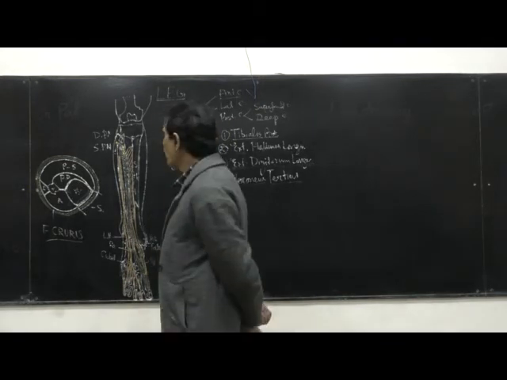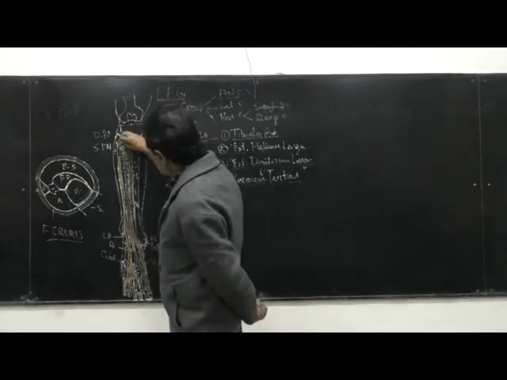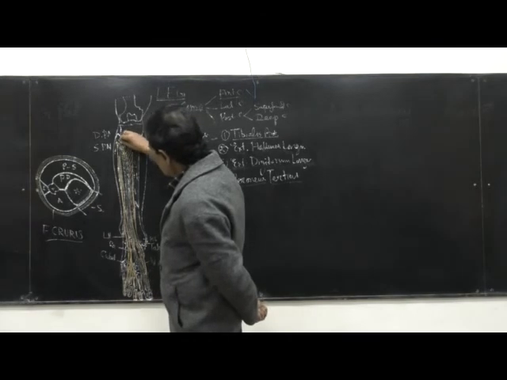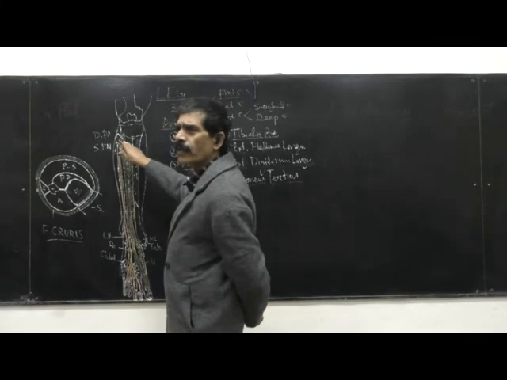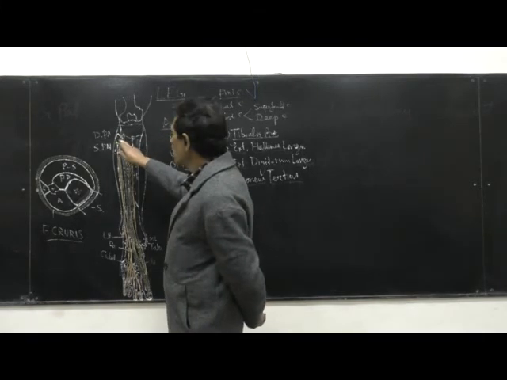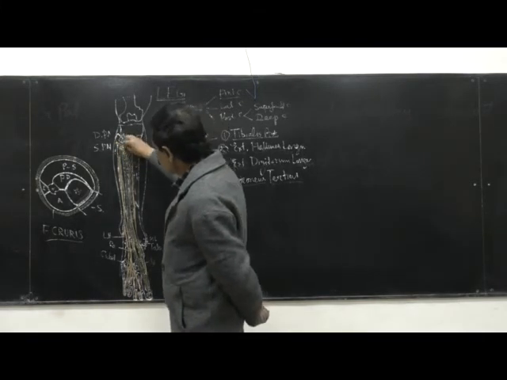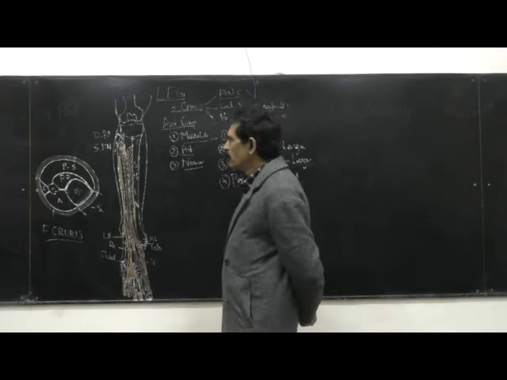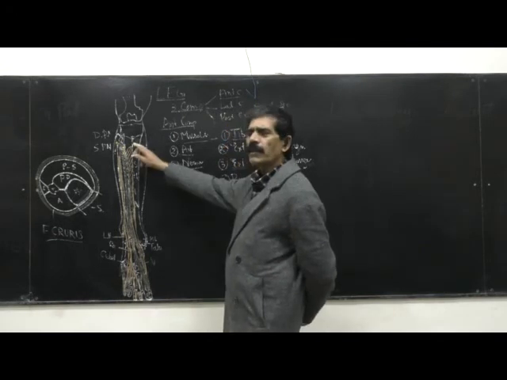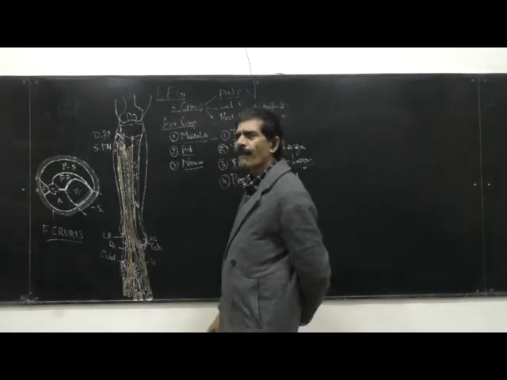The anterior tibial artery comes into the anterior compartment through a gap on the upper border of the interosseous membrane, accompanies the deep peroneal nerve, and also runs on the anterior surface of the interosseous membrane.